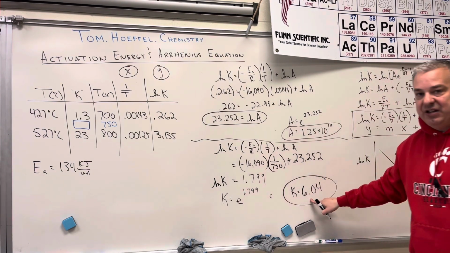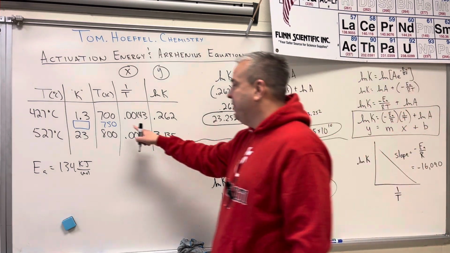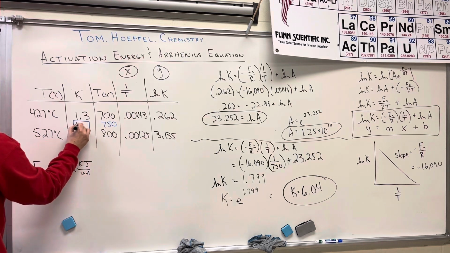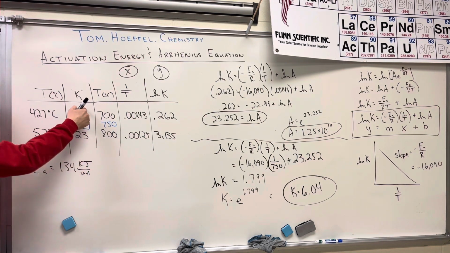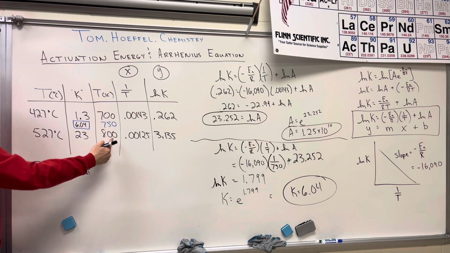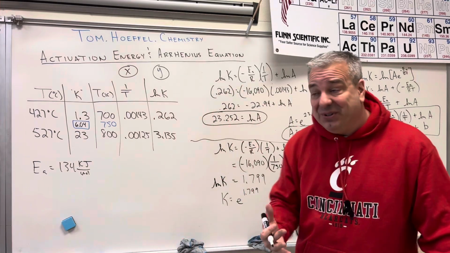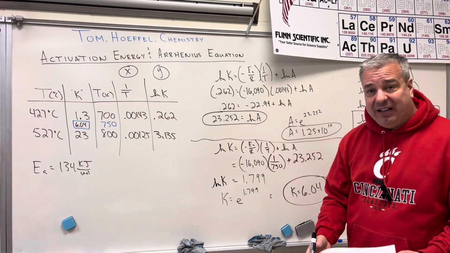So I was actually able to calculate the rate constant at a different temperature. And does 6.04 fall in between 1.3 and 23? Like 750 falls in between 700 and 800? Absolutely it does.